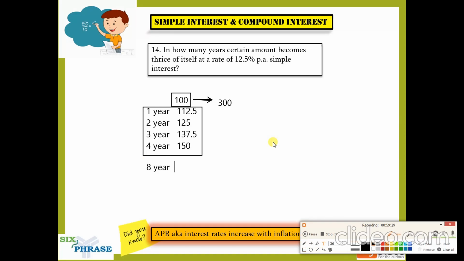At the end of 8 years it will be 200. At the end of 12 years it will be 250. At the end of 16 years it will be 300. So how long did it take for 100 to become 300? It is 16 years. 16 years is your answer.